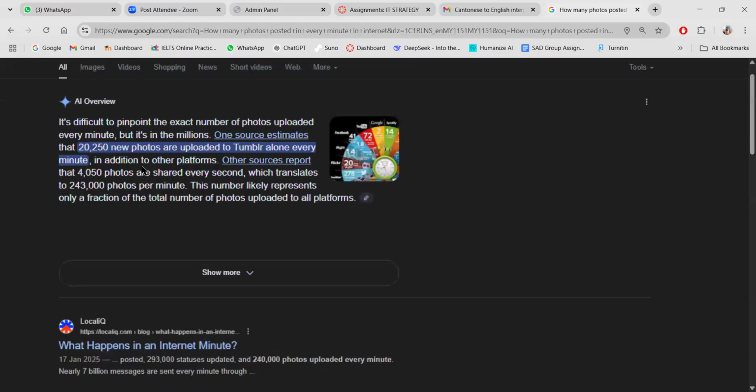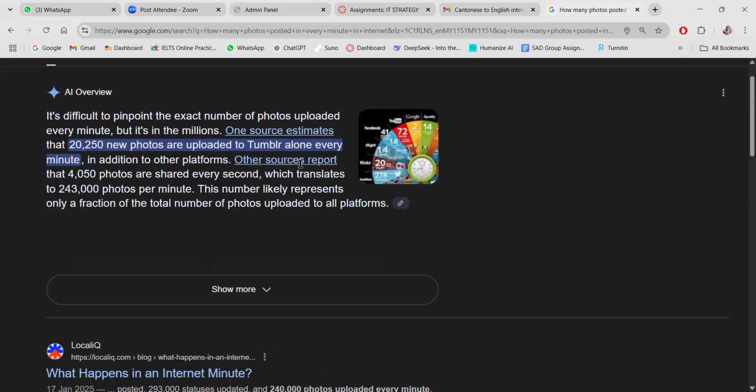Each and every minute, normally around 20,250 new photos are uploaded. Another source reports 450 photos shared every second, which translates to 243,000 photos per minute.